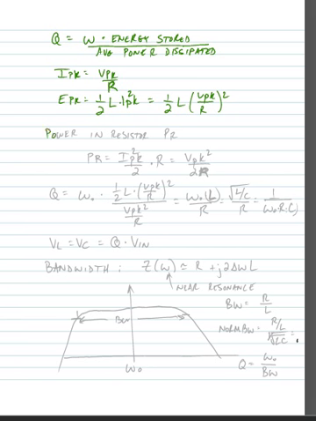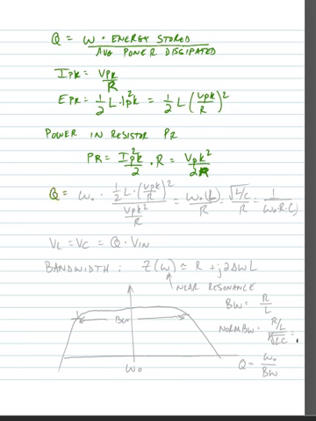Now the power dissipated by the resistor, P sub R, is equal to I peak squared over 2 times R. In other words, we have the RMS current squared times the resistance. This is equal to V peak squared over 2R, if we want to work in terms of voltage.